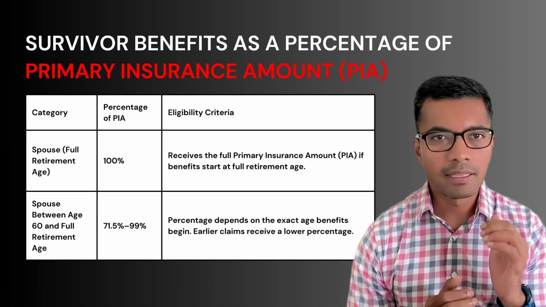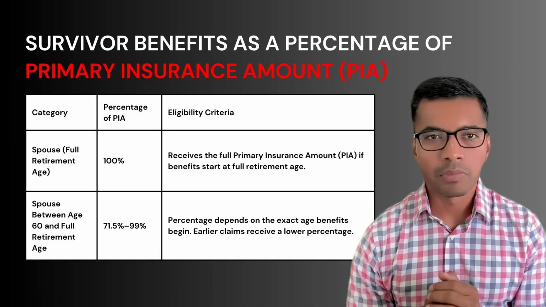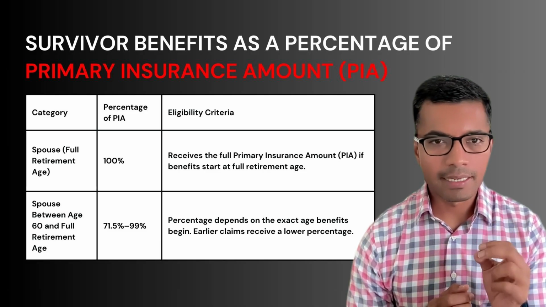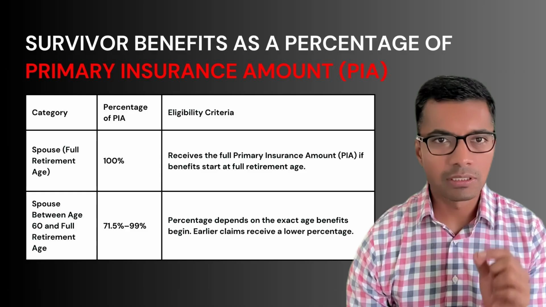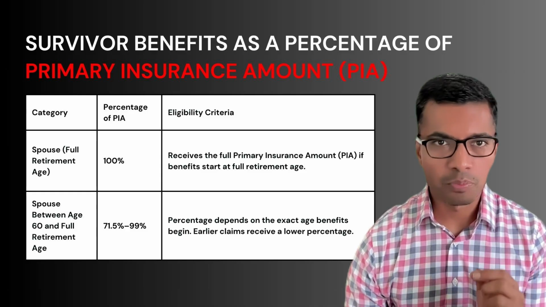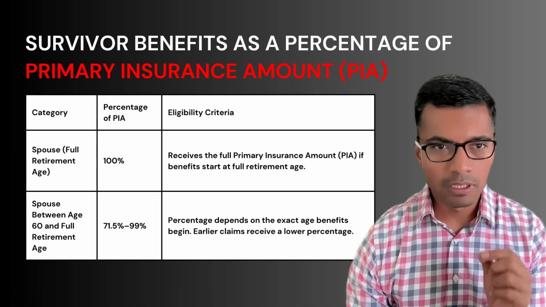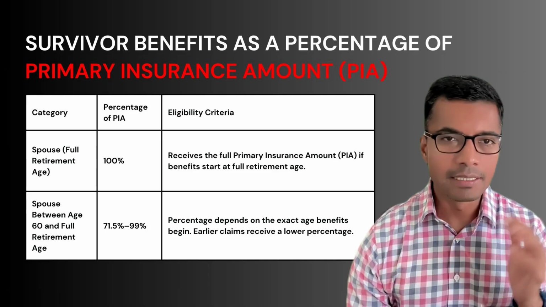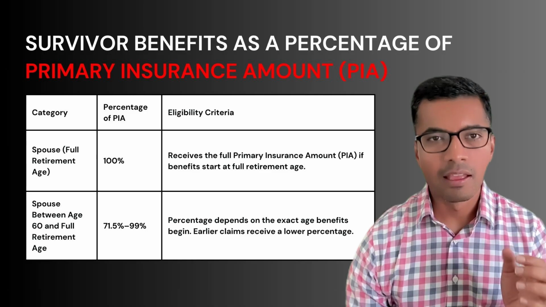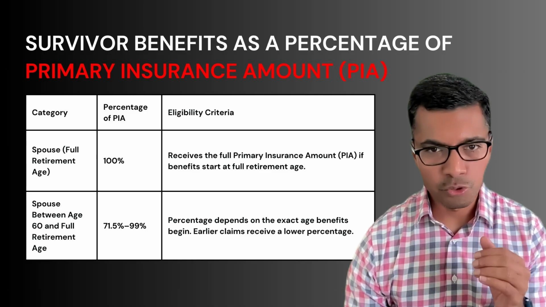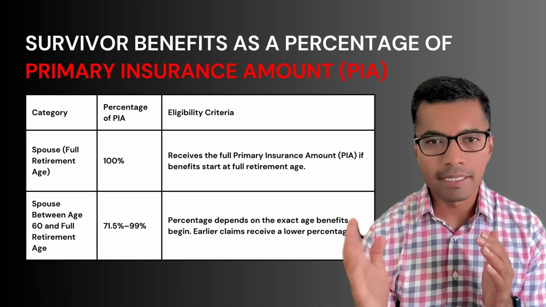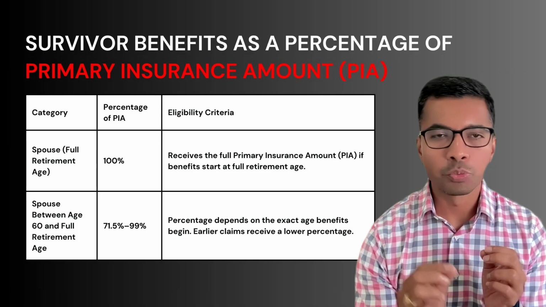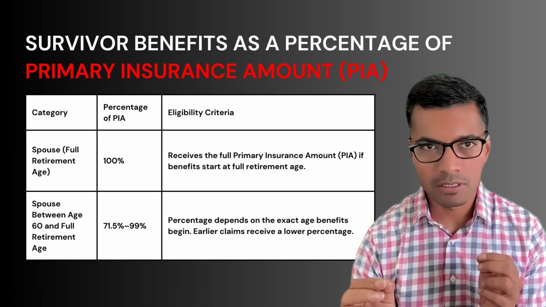Let's talk about the first category, the surviving spouse. The surviving spouse can get 100% of the PIA at full retirement age, which is age 67 for most people. However, if they apply for these benefits early, let's say at age 60, then the amount would be reduced. They would get anywhere between 71.5% and 99%, depending on the age when they start receiving these benefits.